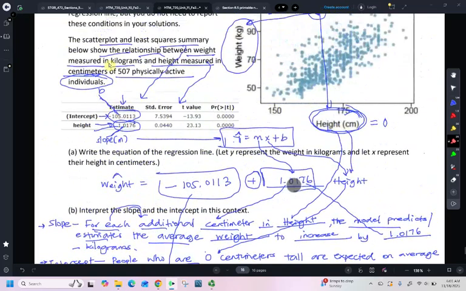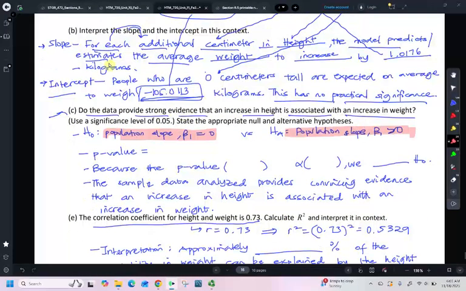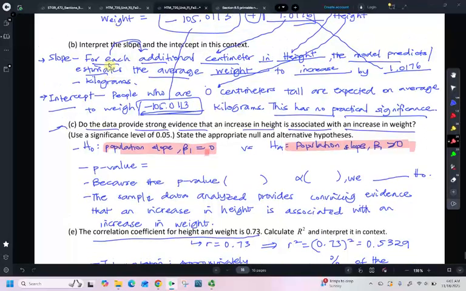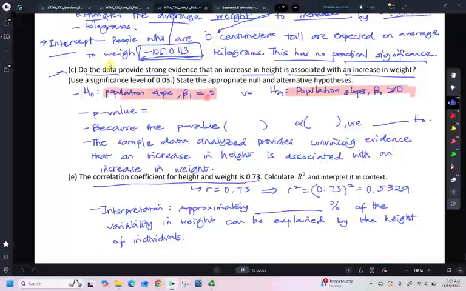We know that this shows a positive trend. In order to test the hypothesis, we need the p-value. The p-value for the slope is 0.000.